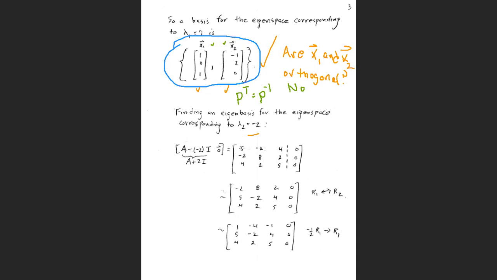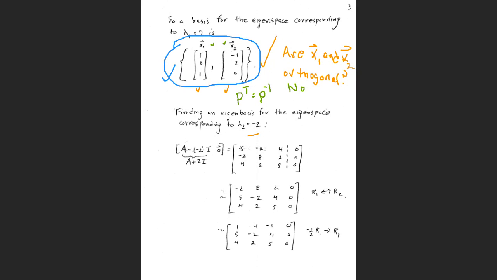How can we get an orthogonal basis for that space? That's right. Mikhail's right, we're going to have to come back and use Gram-Schmidt on these two vectors, on that subspace, in order to get an orthogonal basis.